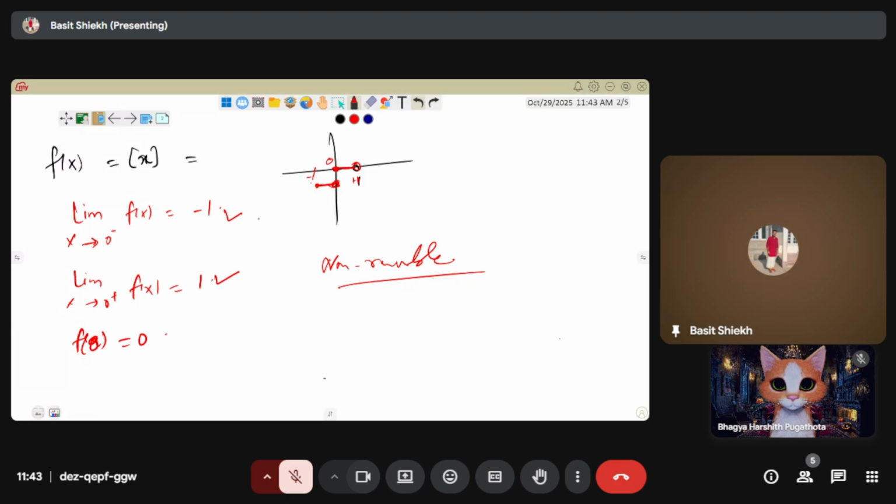We cannot. If it was like this, only one point, our functional value is like this, we can redefine this. Here we have two separate branches. We cannot redefine them. At this point, if we take any point in between them, still the limit does not exist.